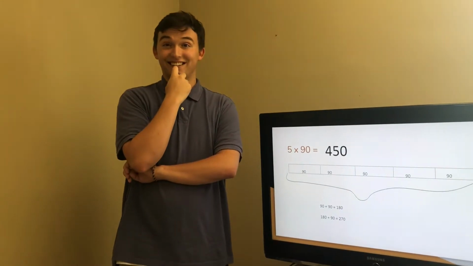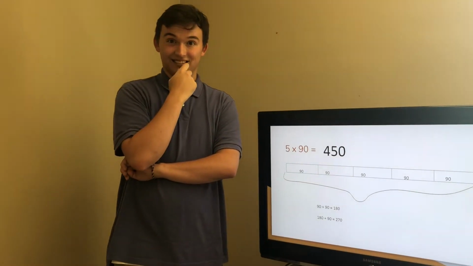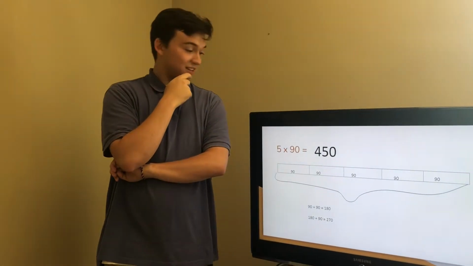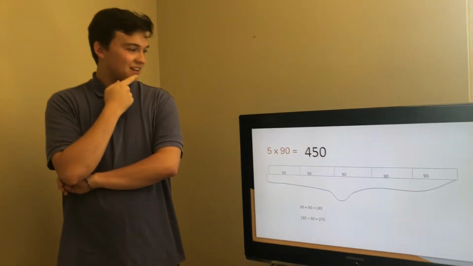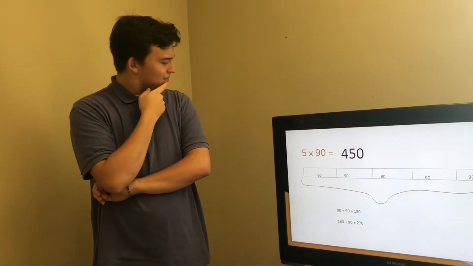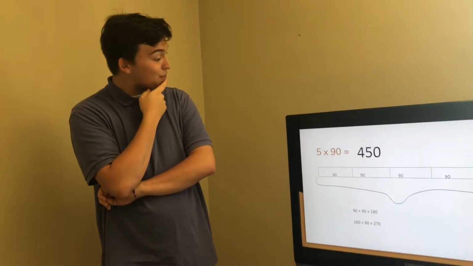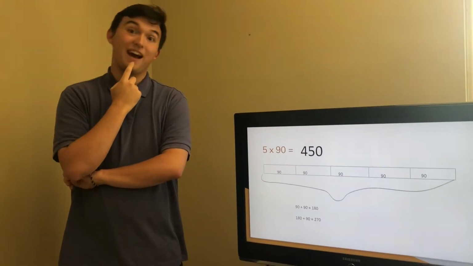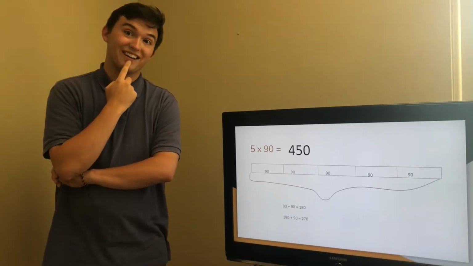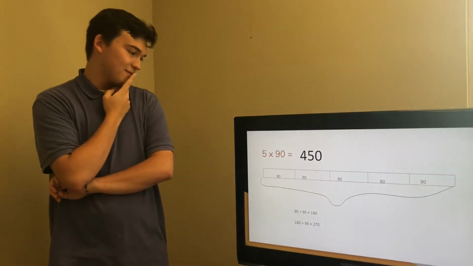Yes. Couldn't we do 18 plus 9 first and then add 100 to it? Ooh. That's a good guess. But if we did 18 plus 9, that would give us 27. And if we added 100 to it, we'd get 127. Oh, okay.